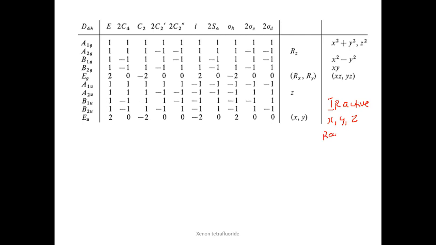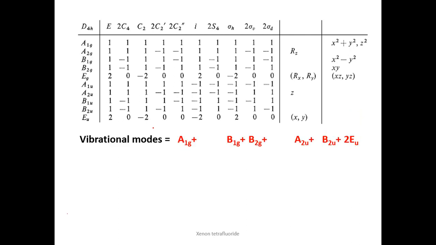Raman active modes are represented by the quadratic terms containing x square, y square, z square, xy, yz, xz. Based on this, we will take up the vibration modes. First, we will take up the case of A1G. Opposite A1G, you find x square, y square and z square, they are quadratic terms and so they represent Raman active terms.